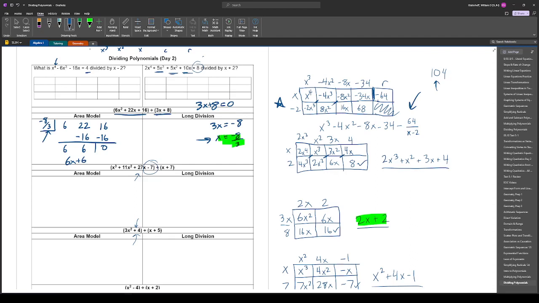We're changing its size. It's okay to divide both sides of an equation by 3, but here we don't really have an equation. So we have to undo that division by 3 by putting our quotient over 3. And then when we simplify that, we get 2x plus 2.